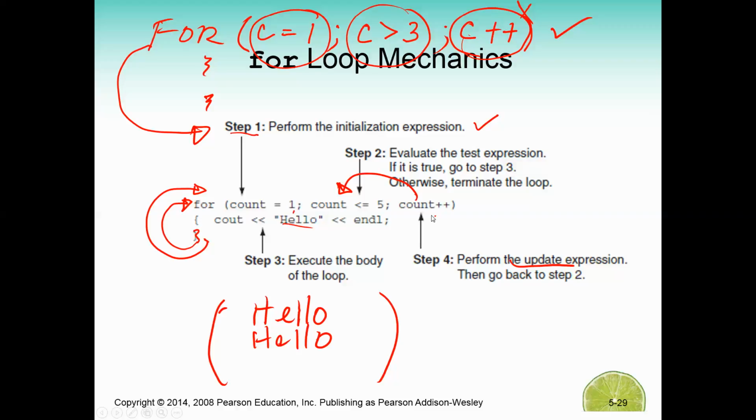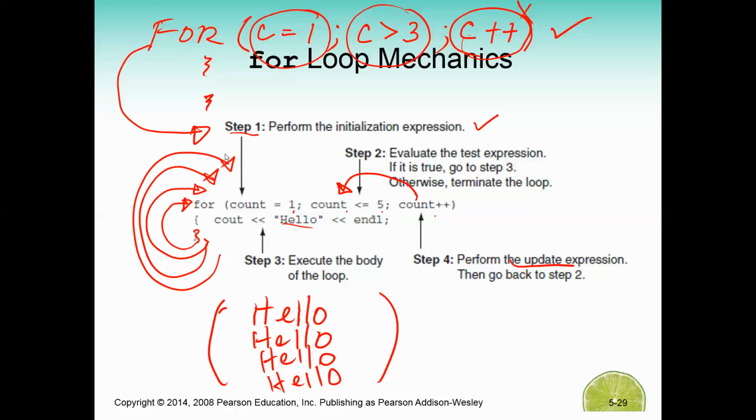It's going to ask, is 3 less than or equal to 5? It is. So it's going to display hello again. Goes back, increments. Now I have a 4. Is 4 less than or equal to 5? Yes. So we have hello. Goes back, increments. 4 plus 1 is 5. Is 5 less than or equal to 5?